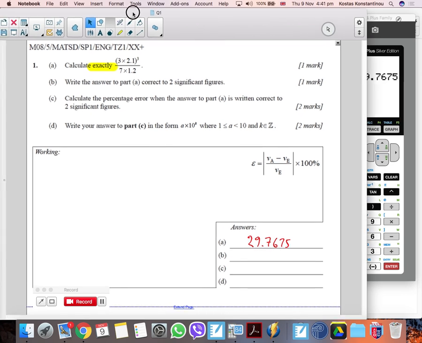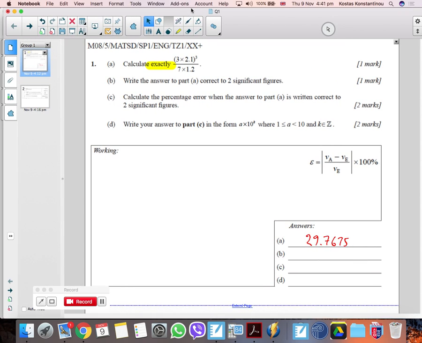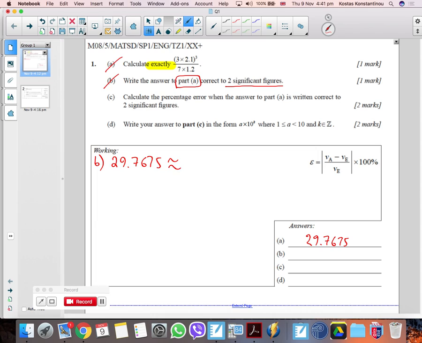Now we continue with question B. Write the answer to part A correct to two significant figures. So for B, I'm going to use the answer to part A, which is 29.7675, and I'm going to round.